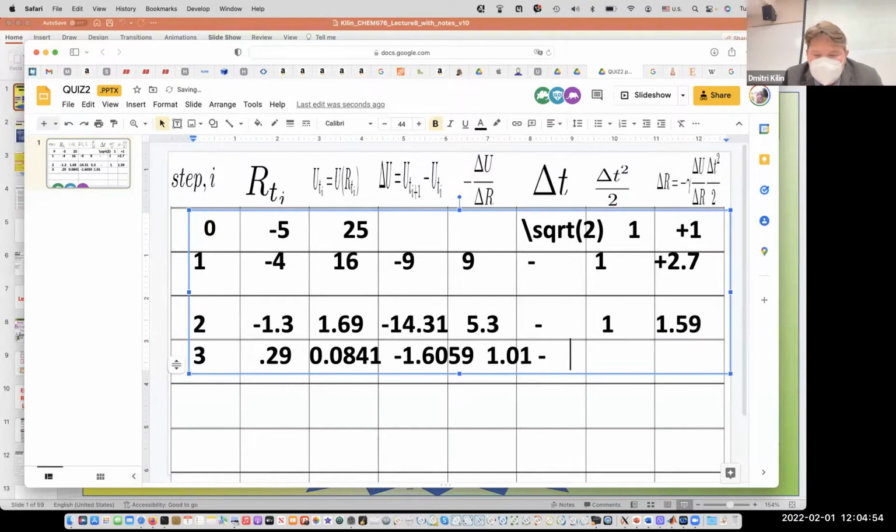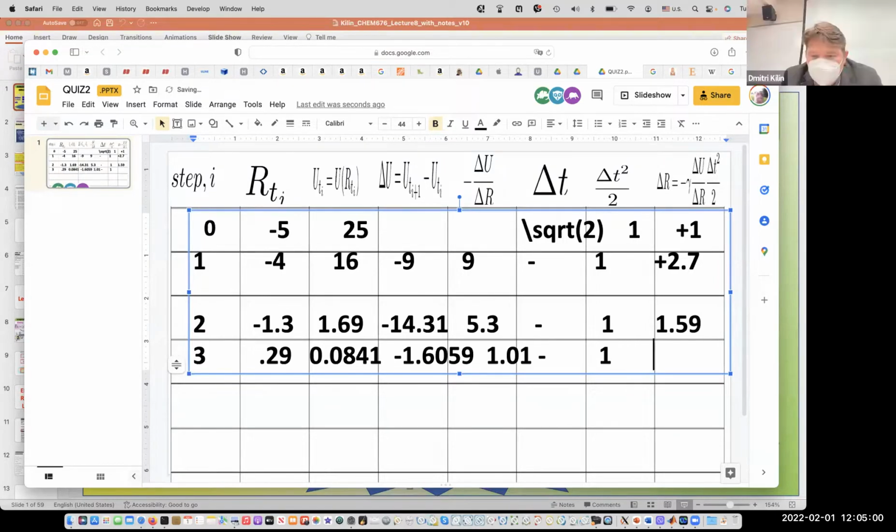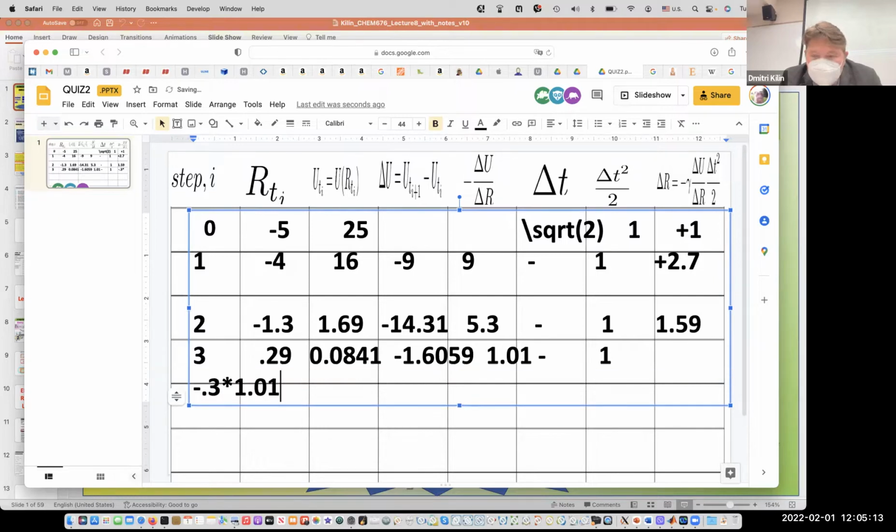Now same. And next in my list is Sarah. So please compute minus 0.3 times this gradient, which is 1.01, and then delta t is the same.